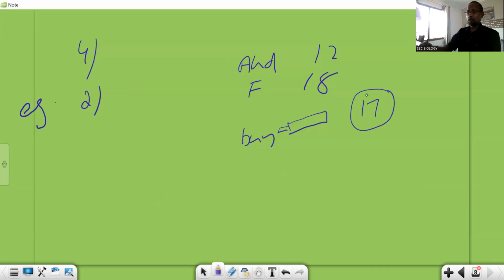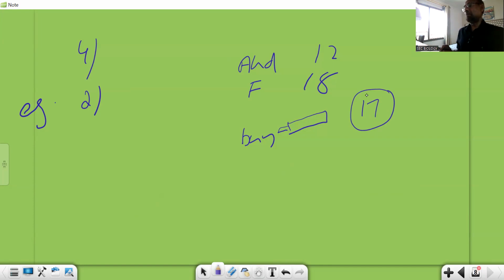Anyway, buy mango bar for 17 riyals. Ahmad gave me 12 and Fatima gave me 18 because we are celebrating, because they got full marks. Find the difference. How much is there in your pocket? That is the question.